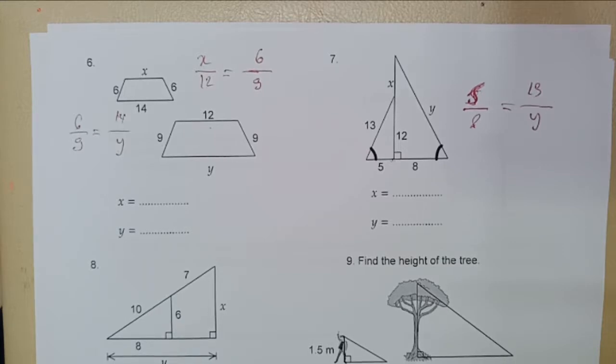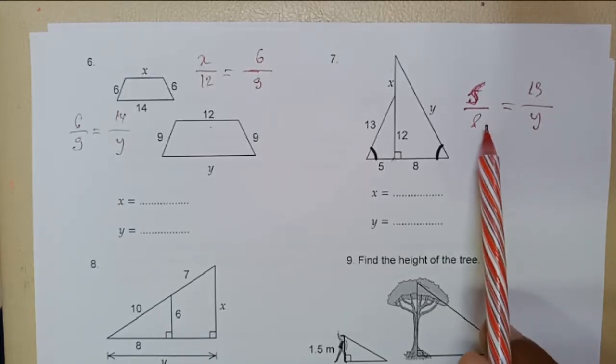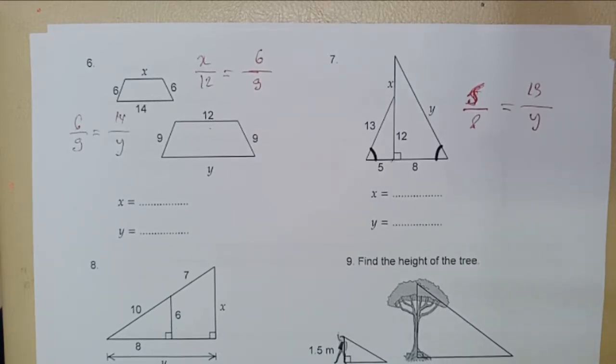So 8 times 13, and then you divide by 5. You will have 20.8.